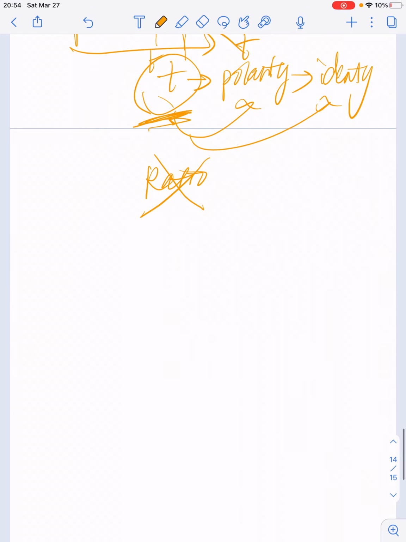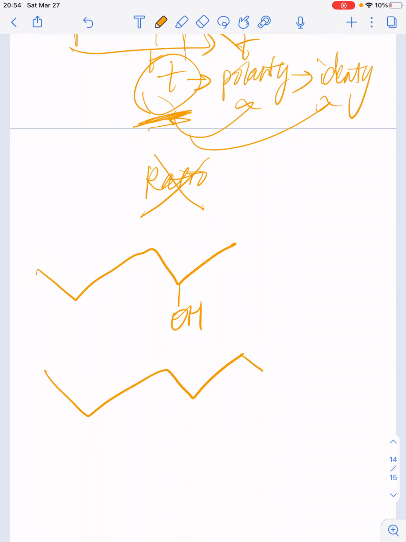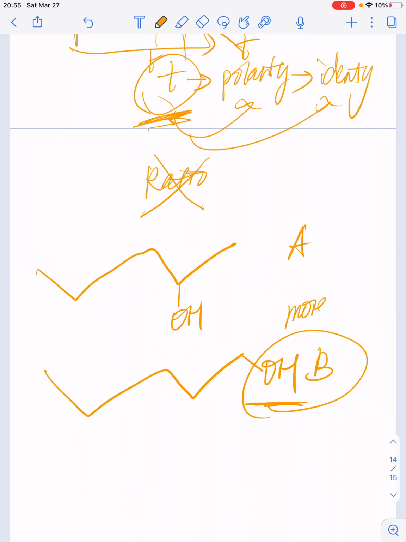And also, let's see, 1, 2, 3, 4, 1, 2, 3, 4, OH. If they both have an OH, they're both alcohols, they have the same number of carbons and protons. Which of these compounds is going to be more polar? We'll designate B to be more polar, right?